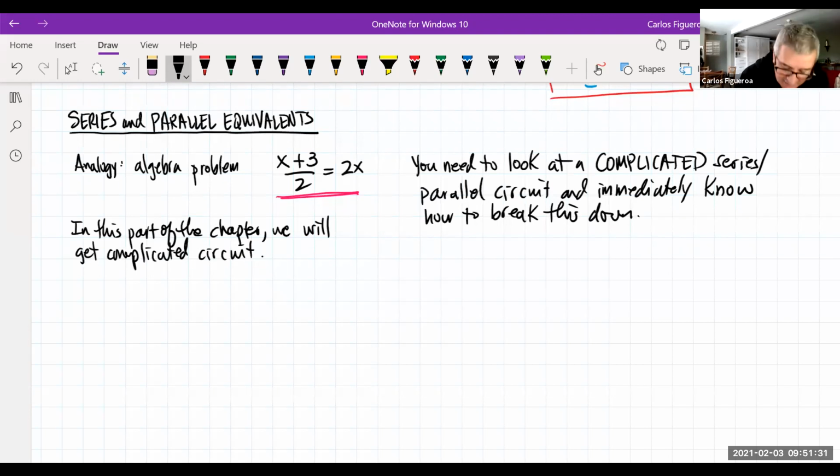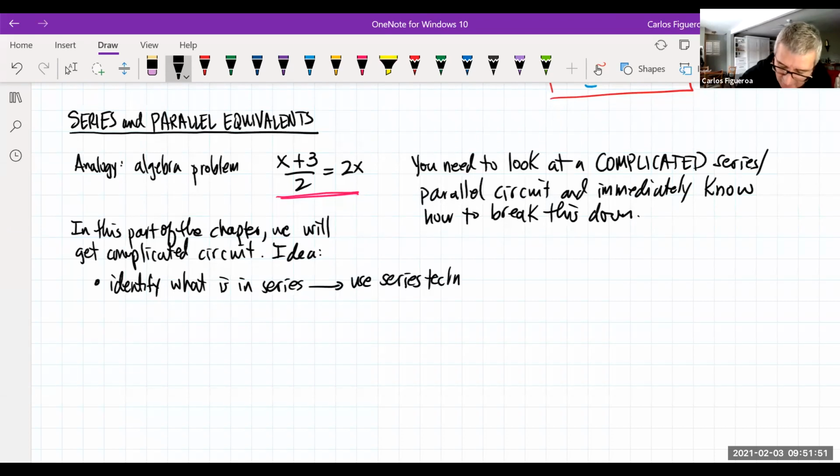And the idea here is that, one, you have to identify what is in series and then use series techniques to figure it out.